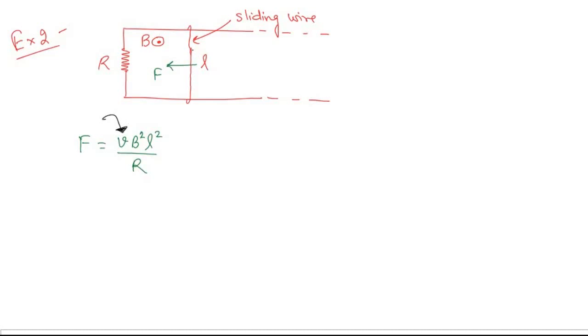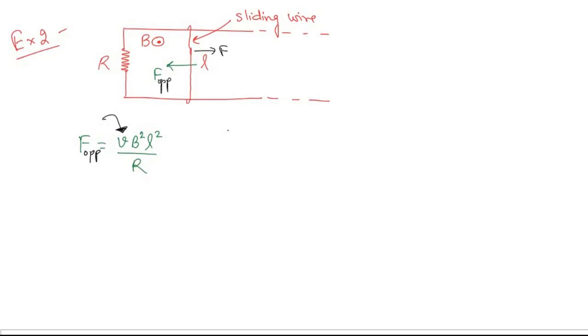As in the previous problem, there is a constant force F which is moving in the forward direction, so that the flux inside this loop changes, and there is an EMF generated, due to which there is a force, and this force, let me write, is F opp, meaning the opposite direction force.